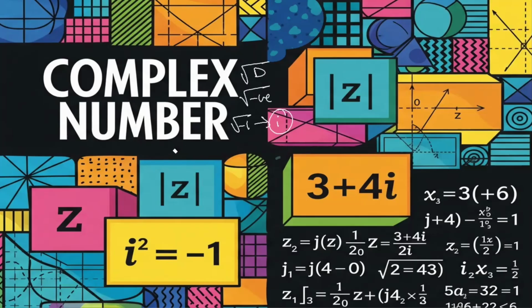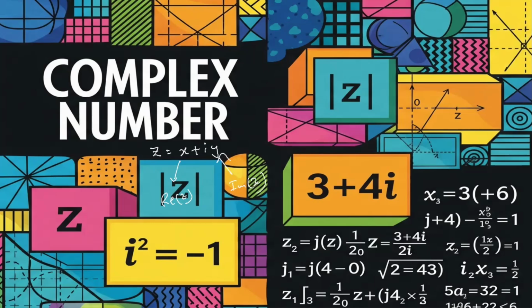How will we represent a complex number in standard or Cartesian form? z will denote any complex number, and this can be represented as x + iy or a + ib form, where x and y are real numbers and i is the imaginary number. Now x is called the real part, denoted by Re z, and y is called the imaginary part, denoted by Im z.